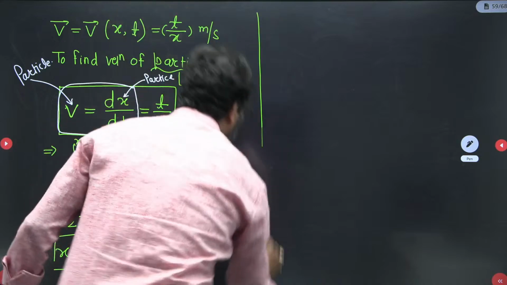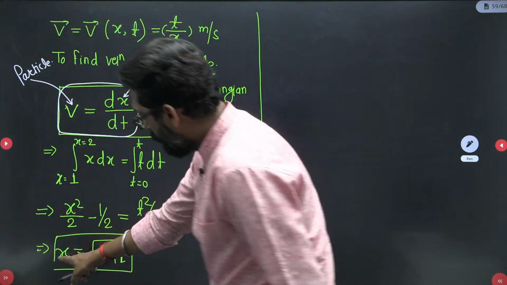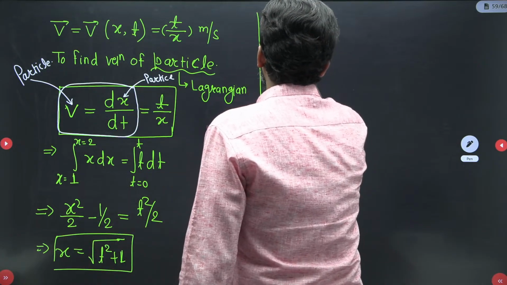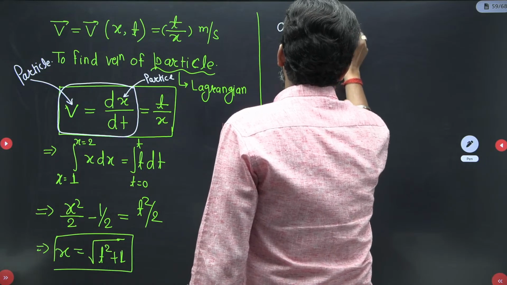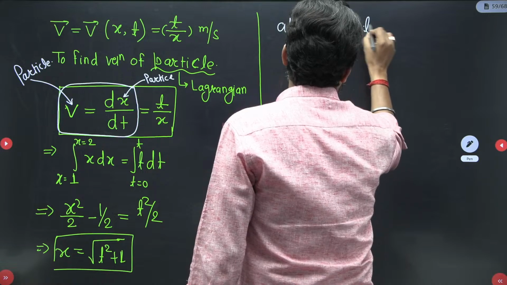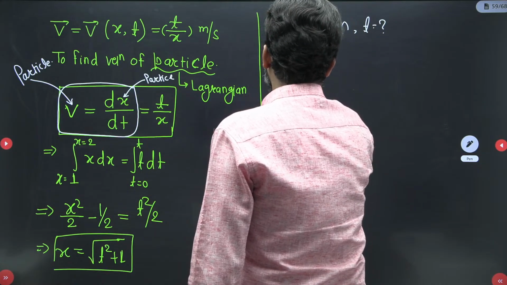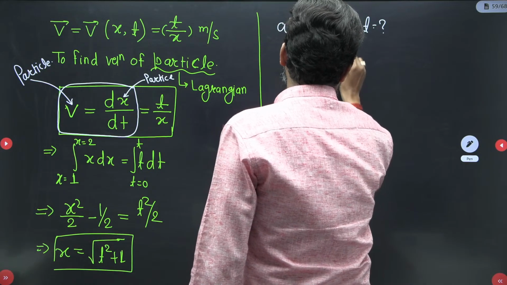Now they are asking what is the velocity at x equal to 2. So at x equal to 2, what is the time? First we require the time. So at x equal to 2 meter, put this value here: 2 square is equal to t square plus 1.